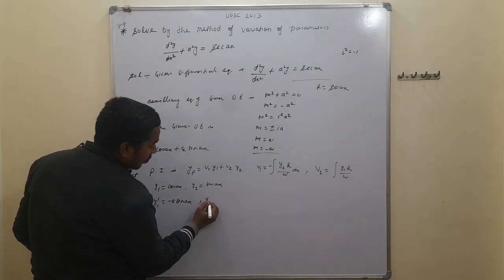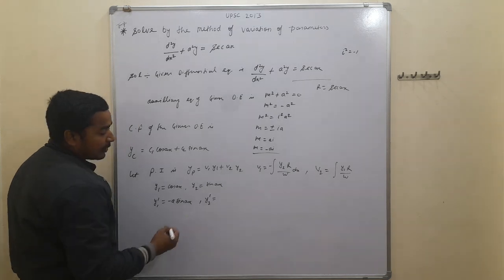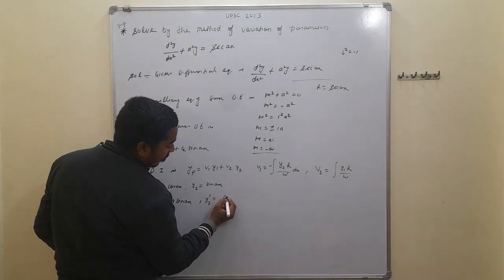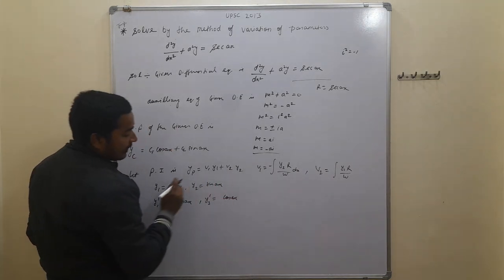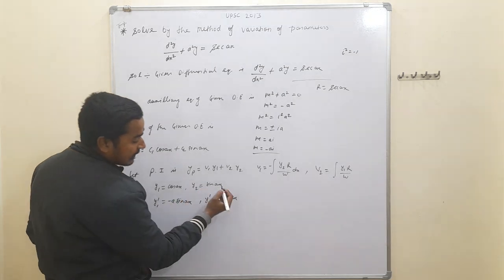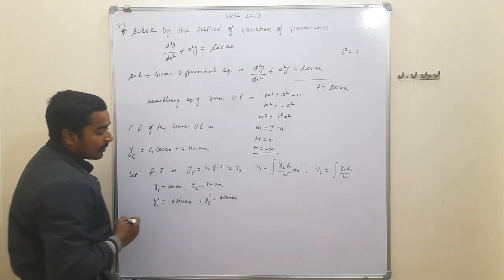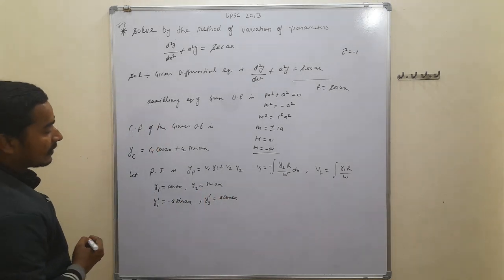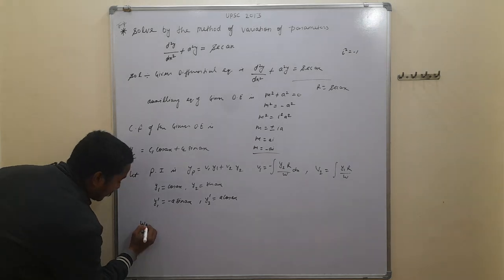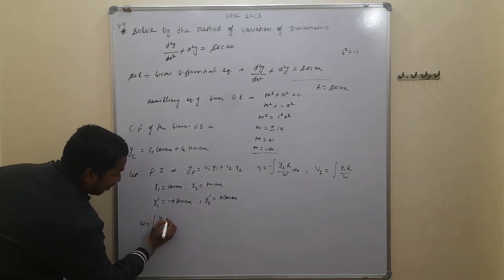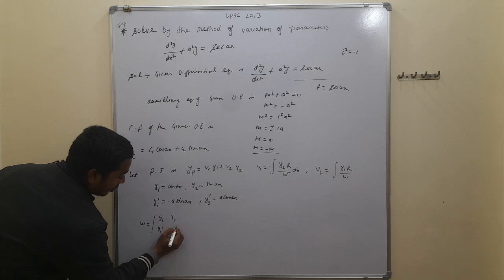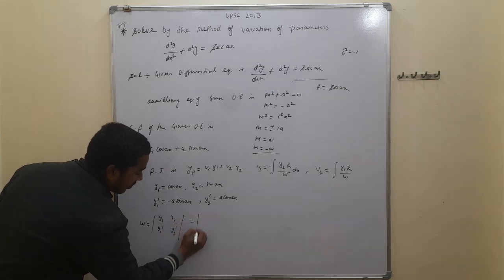And y2 dash: differentiating sin ax with respect to x gives cos ax, and again ax gives a. Further we have to find the Wronskian w, given by the determinant of y1, y2, y1 dash and y2 dash.